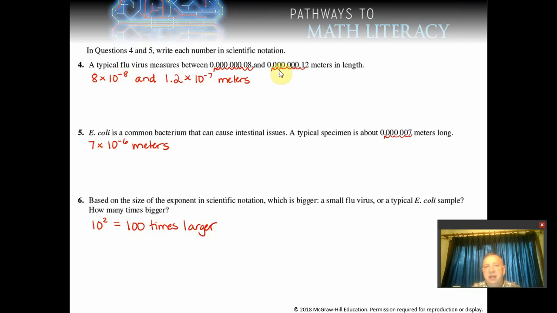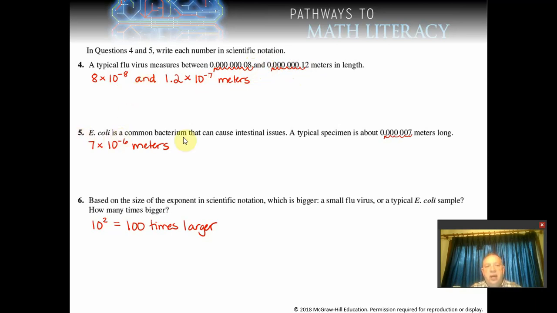There's 10 to the negative 8, and this one I'm going to go over 1, 2, 3, 4, 5, 6, 7, and that's my 10 to the negative 7, and I've got 1.2. I want to get it between the first significant digit that's something other than 0. I want that decimal place to be 1 place past that to get it between the 0 and the 10 mark.